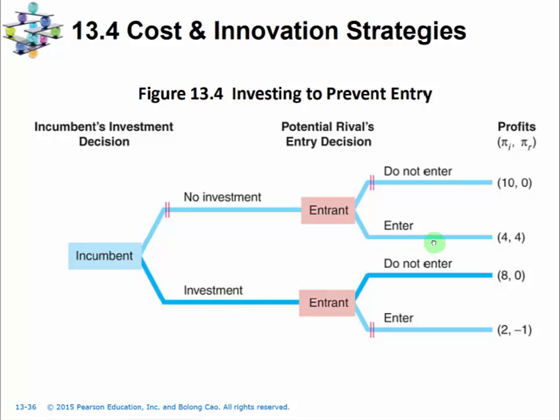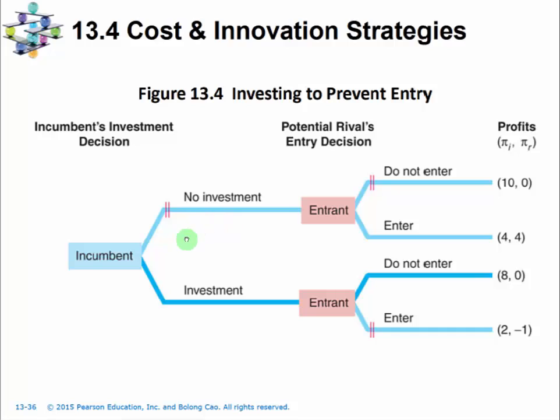So with this investment, even though the marginal cost is lower, the incumbent may actually reduce its profit from 10 to 8. So if the incumbent does not face any rival as potential entrants, then the incumbent won't invest in these assembly robots. That is the ideal situation for this monopoly to just make 10 instead of making a heavy investment and only making 8.